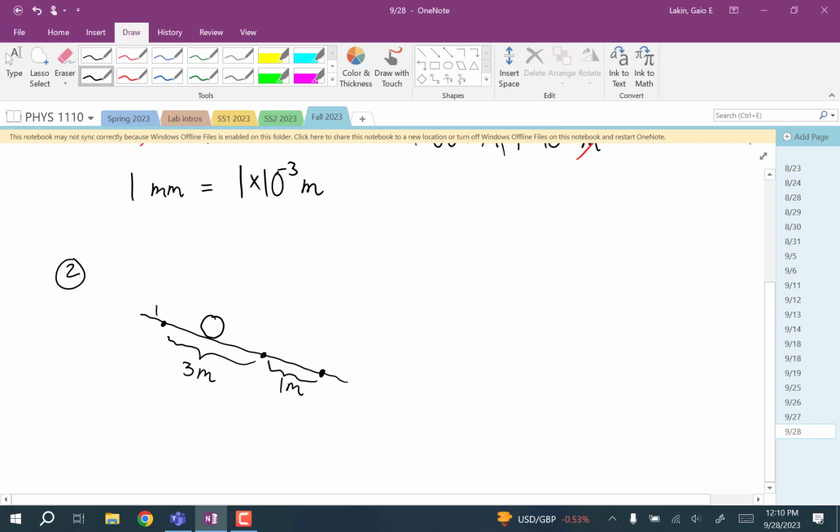This is called the point B. This is A, and this is C. The motion starts at A, goes to B in 2 seconds. From B, it rolls back down to A in 2 more seconds. And then it rolls to C in half a second.